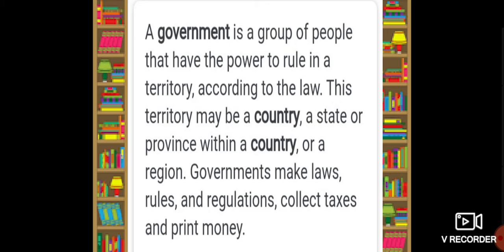And it is responsible for every citizen to ensure they have enough to eat and good health facilities as well. If there is any natural disaster like a tsunami or earthquake, drought, famine, right? It is the government that mainly organizes aid and assistance for the affected people.